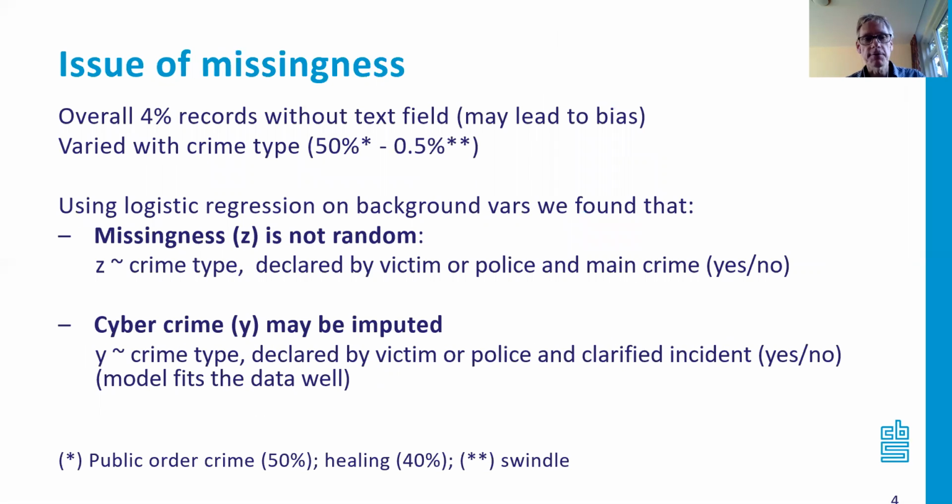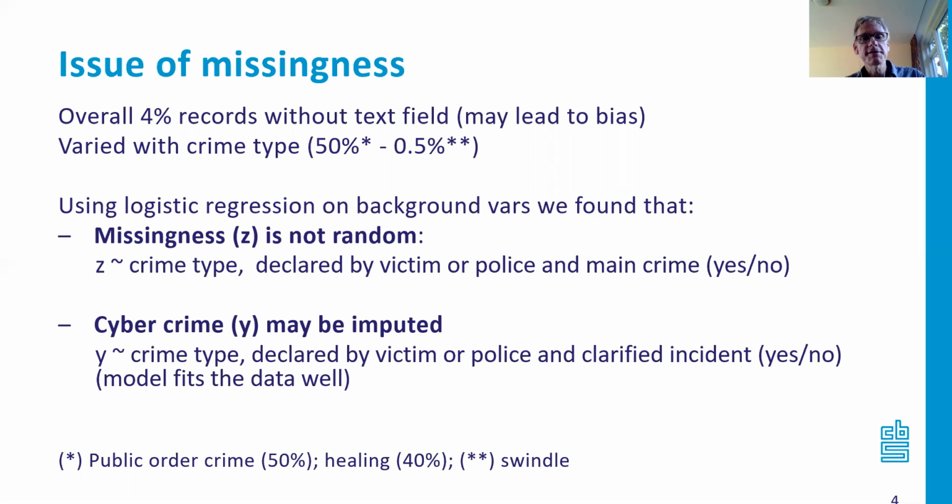Now, first of all, we discovered there's an issue of missingness. So not all of the records in this register have a text field. And if we do not correct for this, this may lead to a bias. So we looked further into this and we discovered that the amount of missingness varied greatly by crime type.